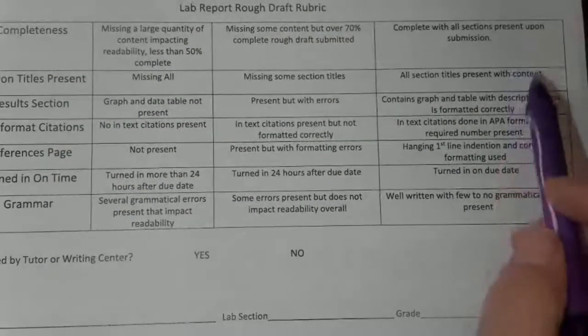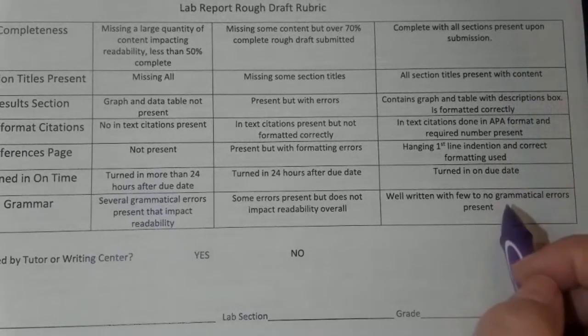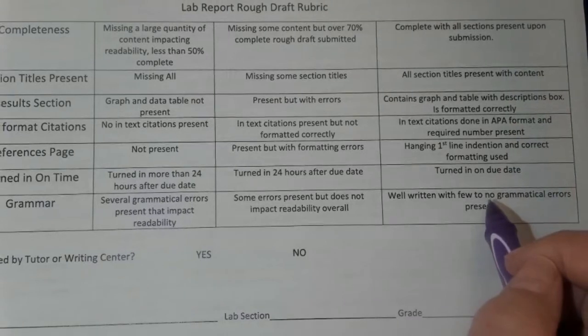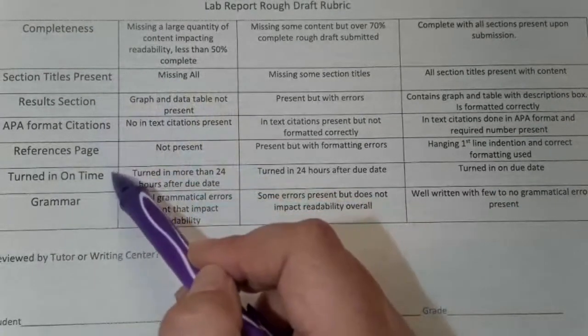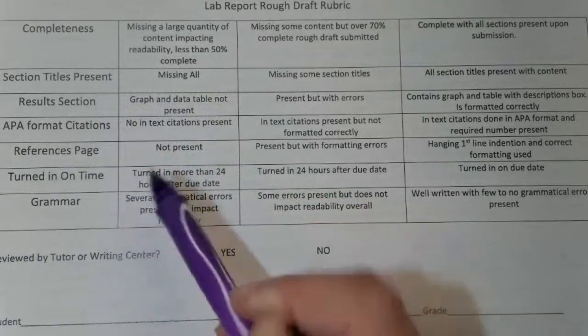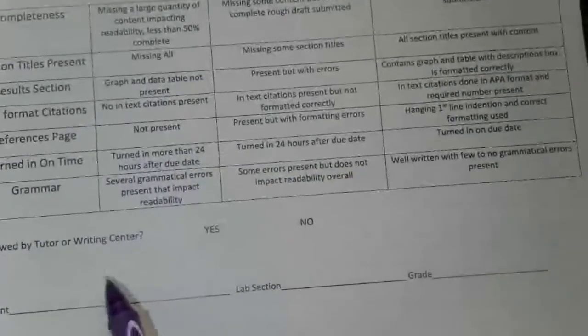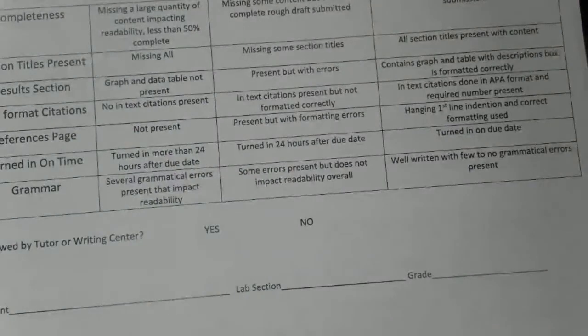We're looking for completeness. Did you submit a complete written rough draft? Is it complete, and are all of these things present? And then did you have it reviewed by the tutor or the writing center?